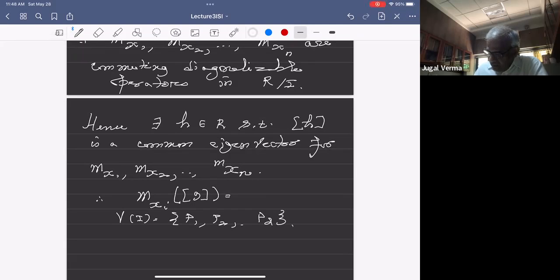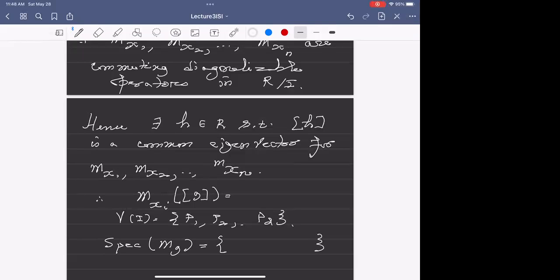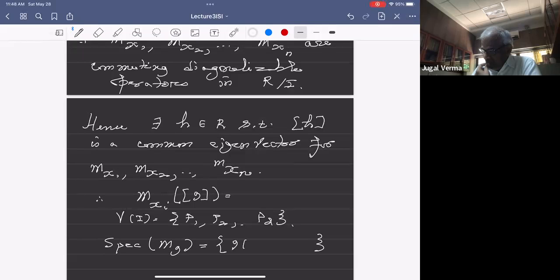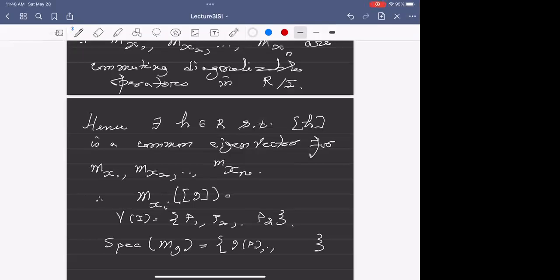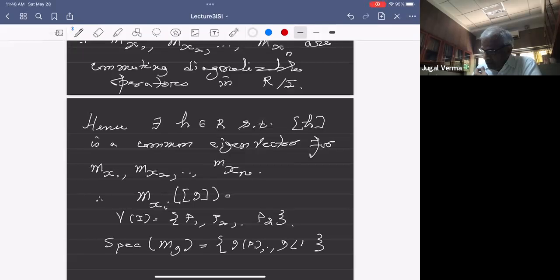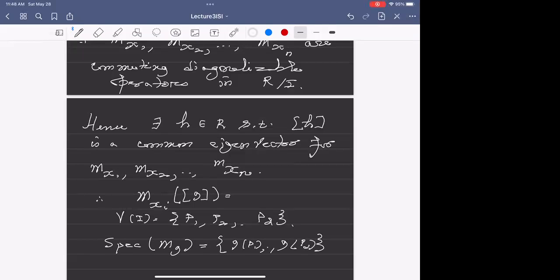And when I take a linear transformation mg, the set of eigenvalues is called the spectrum. Remember what the spectrum was: the values of G on the set of zeros, G of P1, P2.